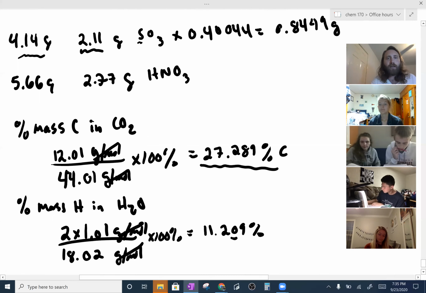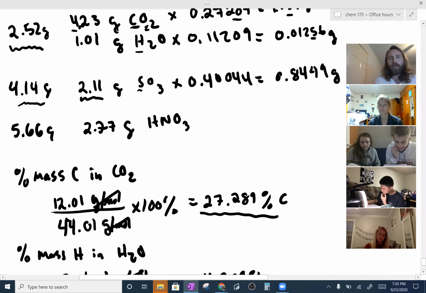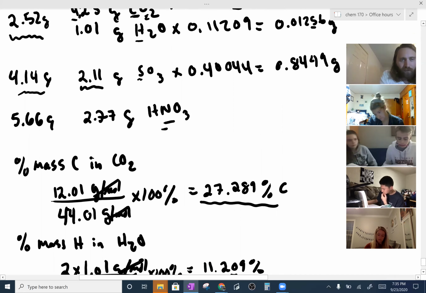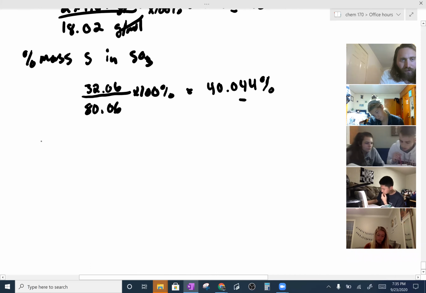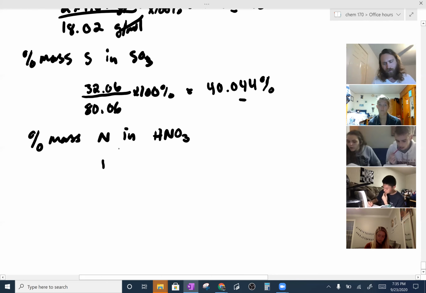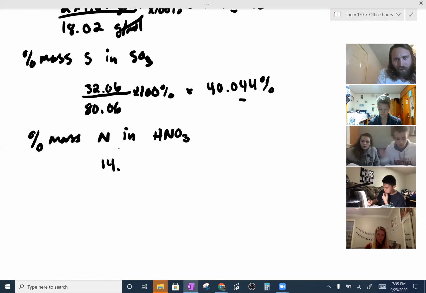So the next thing we're going to tackle is nitrogen in HNO3. We need to calculate the mass percent just like we've done before for the others. Nitrogen's atomic mass is 14.01 grams per mole.